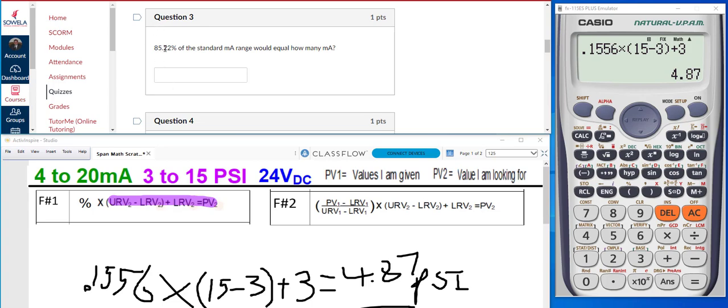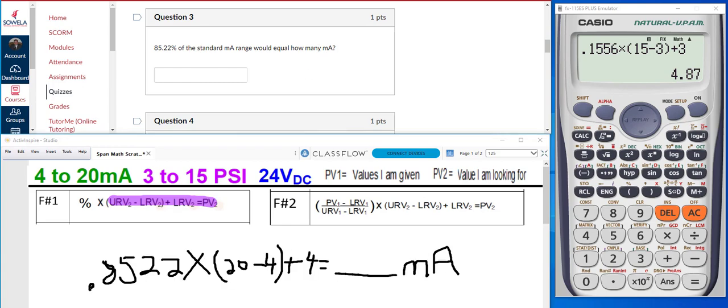Number 3, 85.22% of the standard milliamp range would equal how many milliamps? Alright, so I went ahead and wrote my work out here. I want yours to be neater than this, but I'm actually writing with a mouse, as I said, so it's hard to write.